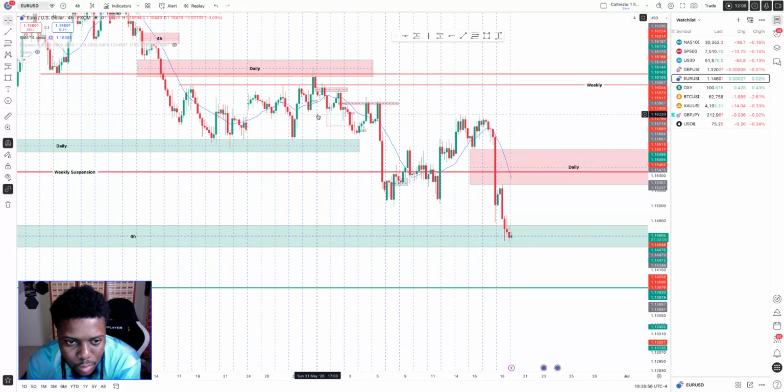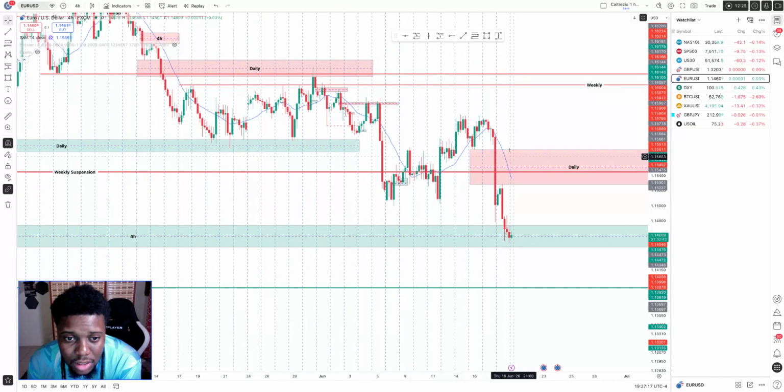See, we just had a wick. So this was the structure point that was broken, and this was the fair value gap that was just left. When we wick, we don't really break structure. We just take in liquidity. But if we close and break below the structure, then that is a change of character.